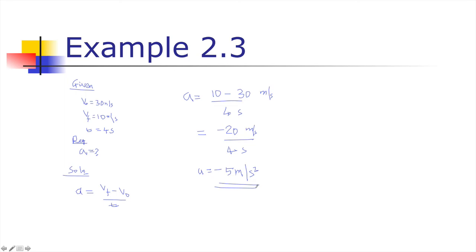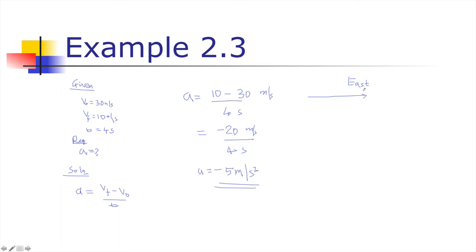Okay, so that negative interpretation, the textbook literally says the car was moving in the east and its velocity changed in the east. But you know what a negative acceleration means?